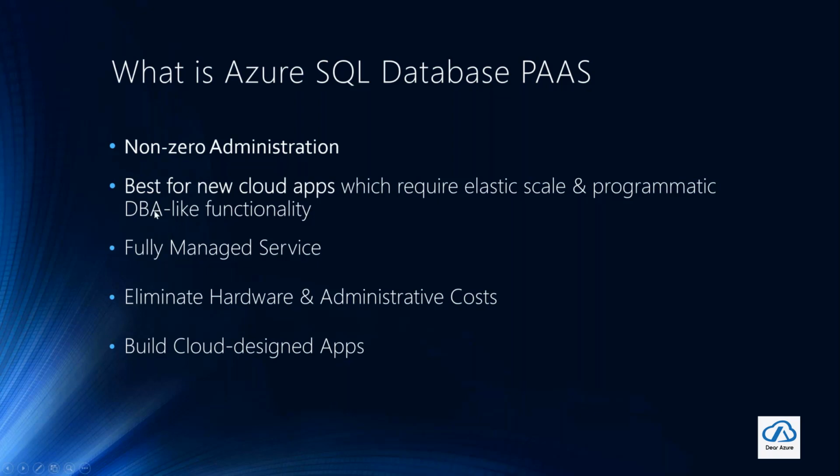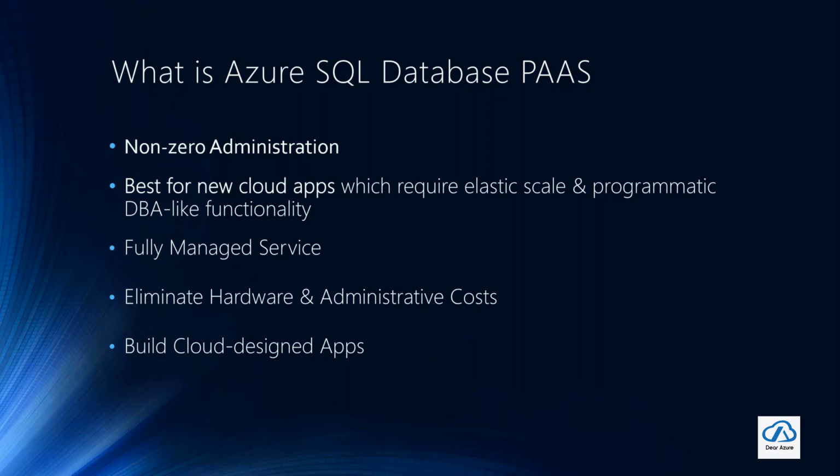Next, we have scalability. If you need a database size of just 1 GB as of now, but in future your organization will grow and the data will grow, you have the scalability option. If you think the performance is going low, you can increase the number of DTUs for that database.